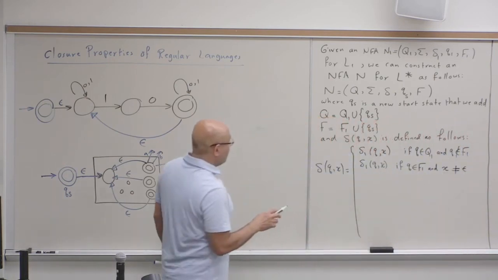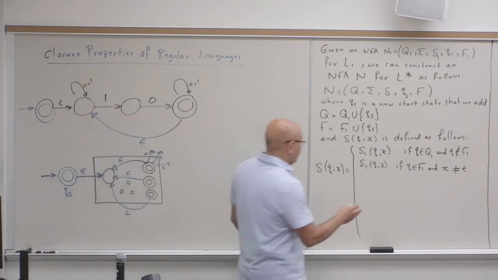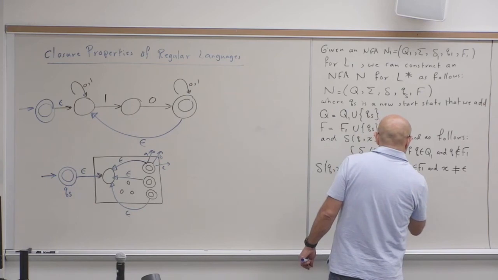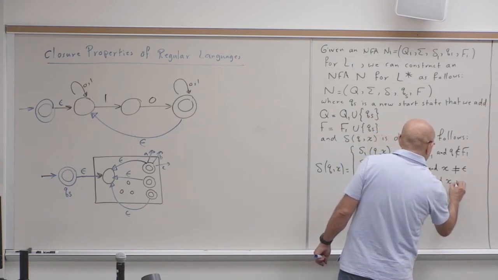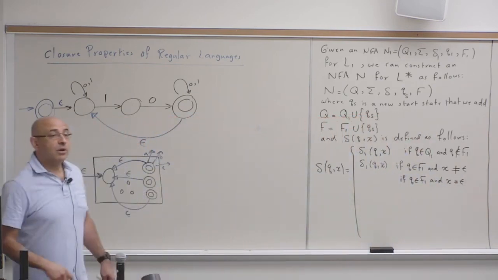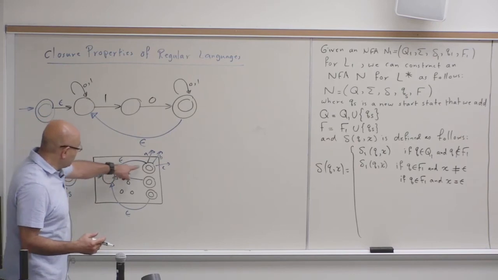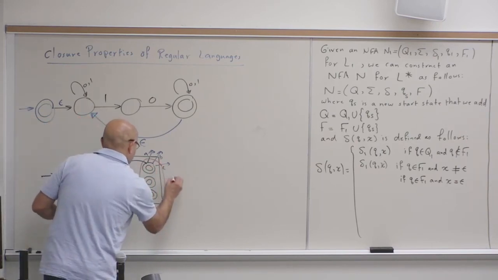For any x other than epsilon, there is no change. Now, if Q belongs to F1 and x equals epsilon, what's the change? We are adding epsilon transitions. So this is F1 that we are talking about.